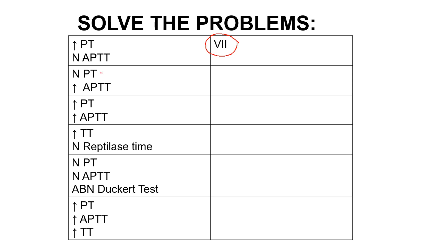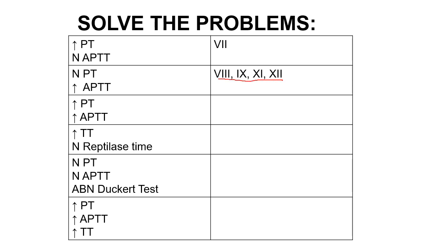Next naman, normal PT, prolong APTT. Okay? Tanggal na si common pathway kasi nag-normal siya sa PT. So, tanggal din si extrinsic. The problem lies in your intrinsic factor. So, the problems should arise in the following factors.